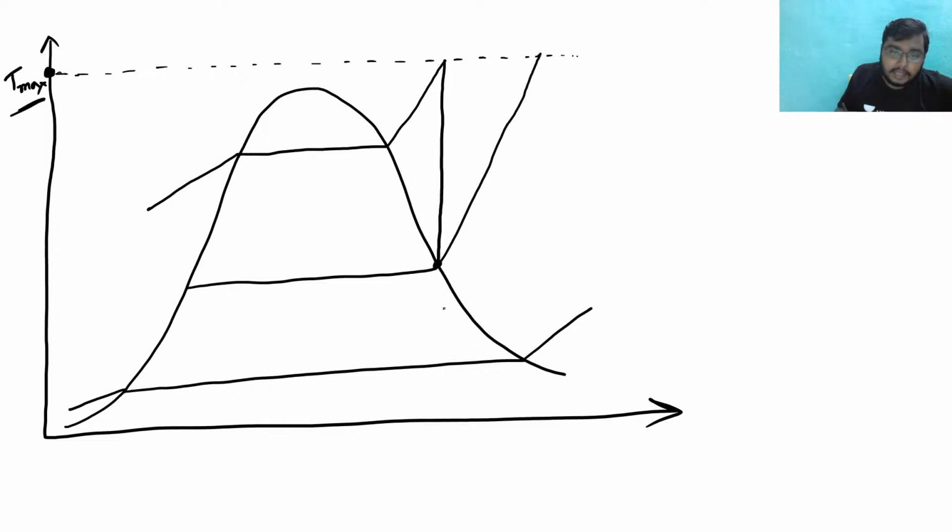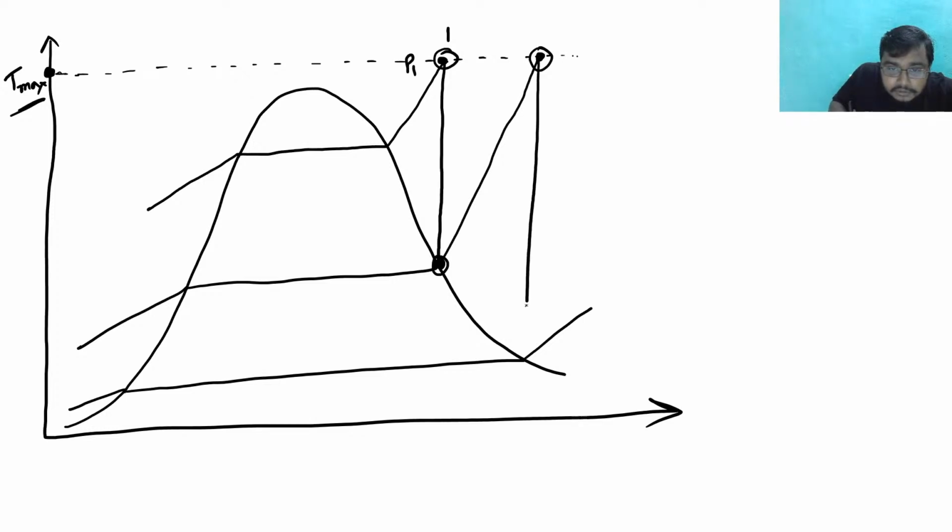See what I am doing. Suppose this is the P1 pressure. मैं एक इंटरमीडिएट प्रेशर पर ला करके यहां पर रोक देता हूं, ठीक है। फिर से इंटरमीडिएट प्रेशर पर आने के बाद, I will expand it till again the maximum temperature. तो अगर मैं ऐसा करूं, तो फिर मुझे क्या मिलता है, मेरा प्रेशर भी बढ़ता है.